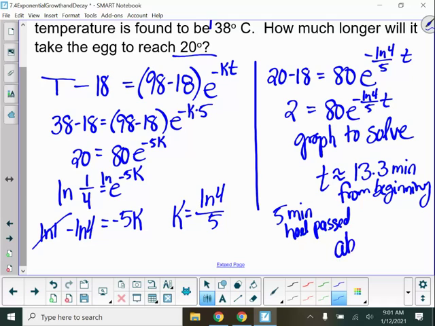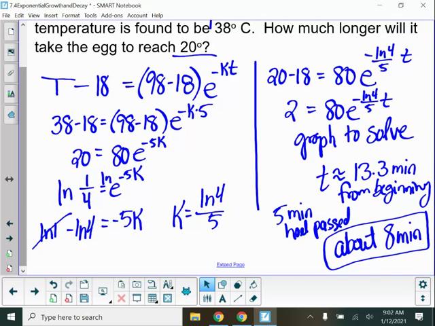So our answer is about 8 minutes, because it says how much longer. 13.3 minutes would be the total amount of time to get down to 20 degrees, but from the 38 to the 20 is only going to be about 8 minutes. So again, you do want to be careful with your wording on that. You don't want to mess something up just because you forgot to subtract out an initial amount.